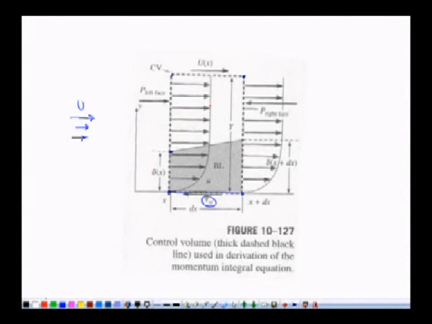So we have a velocity profile inside the boundary layer for a section of size dx. This is the left portion and this is the right portion, right. And we know that delta, the boundary layer thickness, is a function of x. So here we have delta x, which is smaller than the delta x at this right section, right.